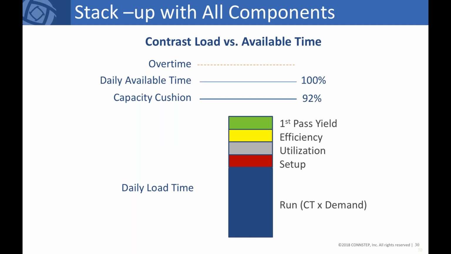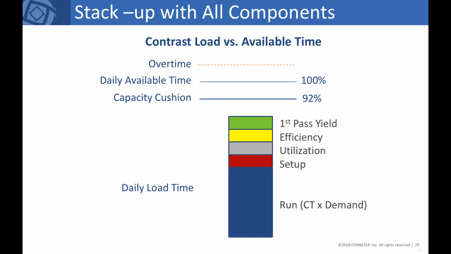So if we put together most everything we've talked about here, we have a graph drawn to scale where the cycle time times demand is in the blue at the bottom, and then the setup time times its demand in red being non-value added. And then we consider utilization efficiency and first pass yields, elongating the cycle time times demand, because it's not a perfect world.